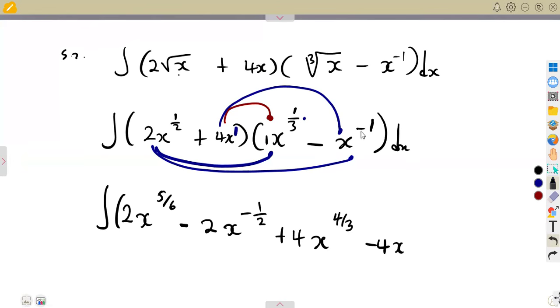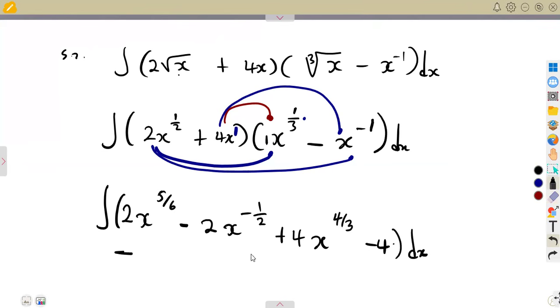What about the exponents? You add 1 plus minus 1, so it was going to be x to the exponent of 0, which is just minus 4. So this one was just going to be minus 4, with respect to x.